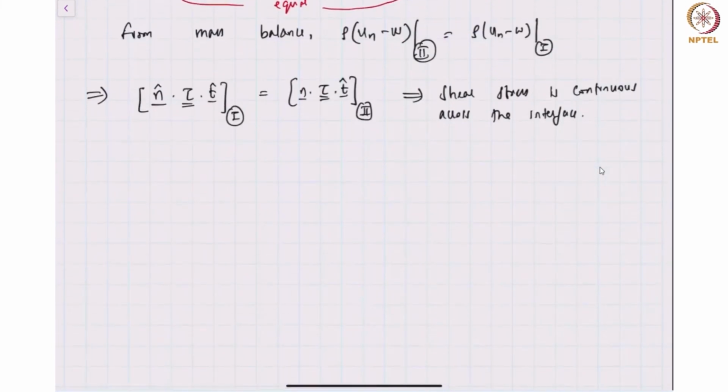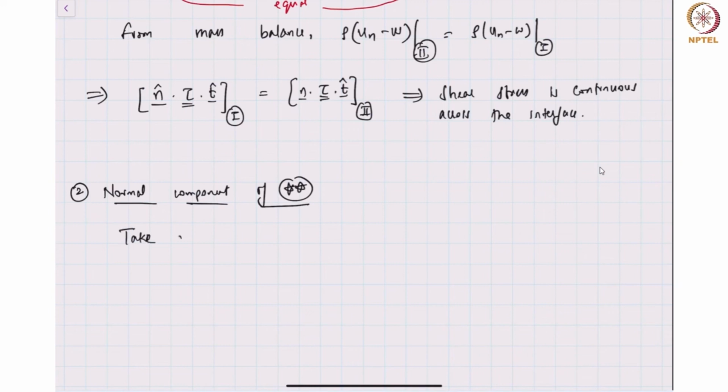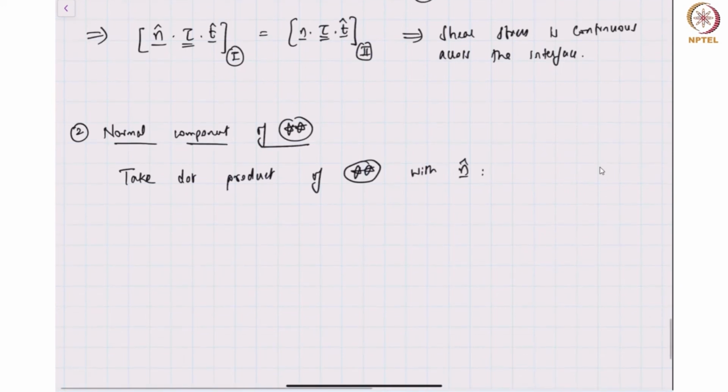Now we will analyze the normal component. We look at the normal component of star. The idea is exactly the same. We take the dot product of this equation double star, which is the jump conditions, with n hat, and let's write down what we get.